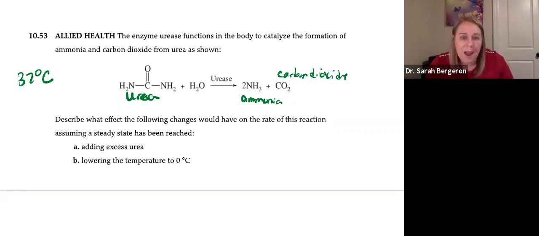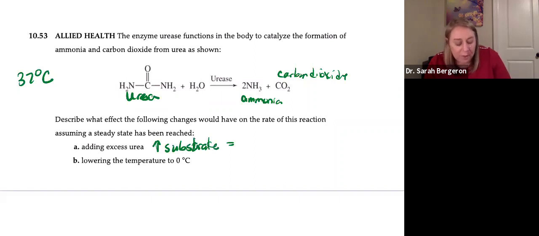So what happens if we add excess urea? Well, urea is a substrate. So if we increase the substrate, then we're going to make more product. This is going to increase the rate of our reaction because now our enzyme has more substrate to work on, so it can make more product.